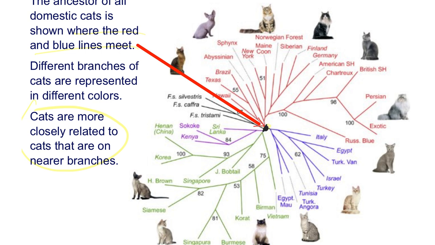cats. Now, these guys can reproduce with each other, so all cats can reproduce with other cats because they haven't changed into a different species yet, even though they look very, very different. Same with dogs. All dogs can mate with any other dog. So a Chihuahua could mate with a Great Dane and produce a puppy.